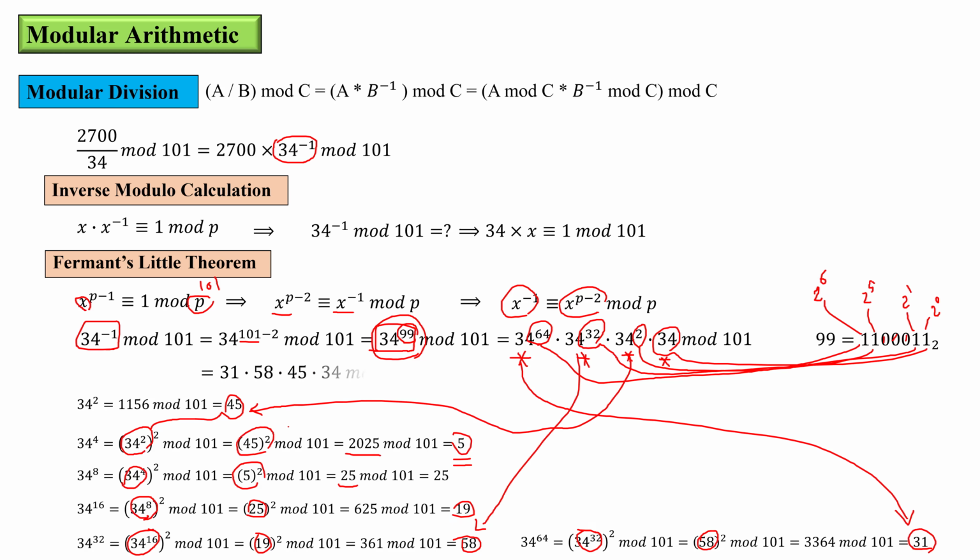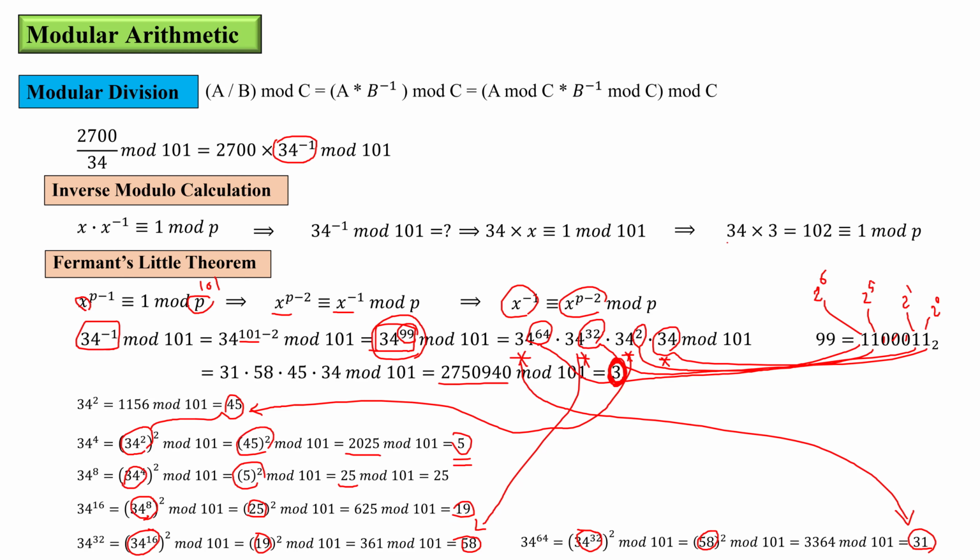Now we need to multiply these values to each other, and after computing mod on the website, you will see the final result is 3.